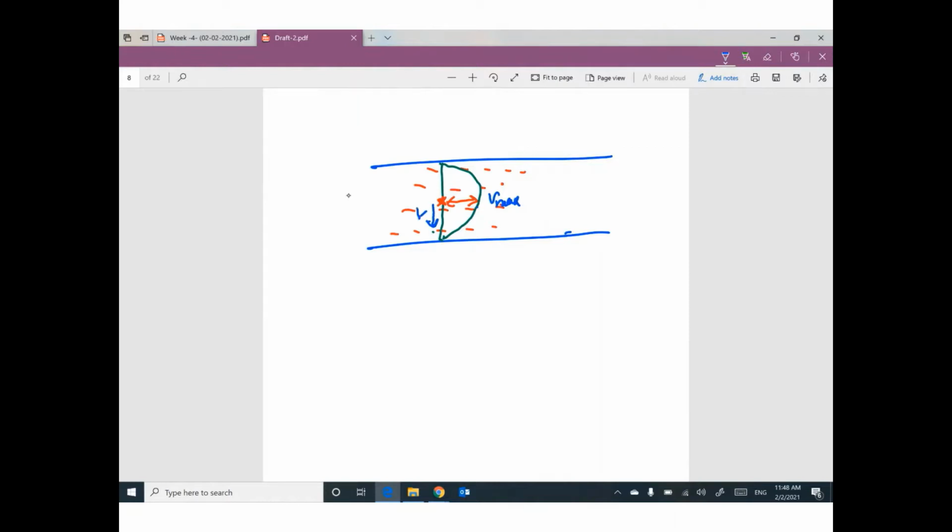So if we assume this distance is small r, this distance is capital R, and this value is V maximum, the velocity at any distance r from the center equals V maximum times (1 minus r divided by R) all squared.